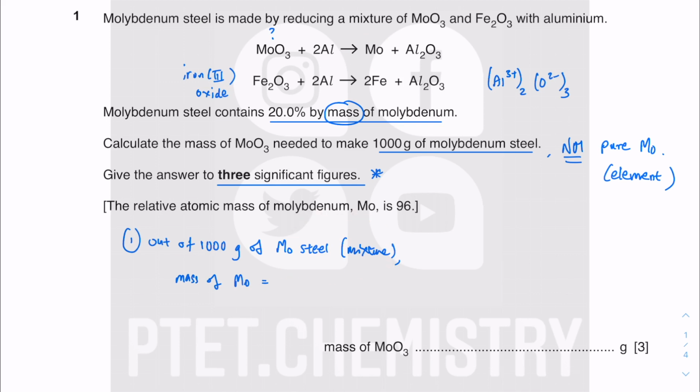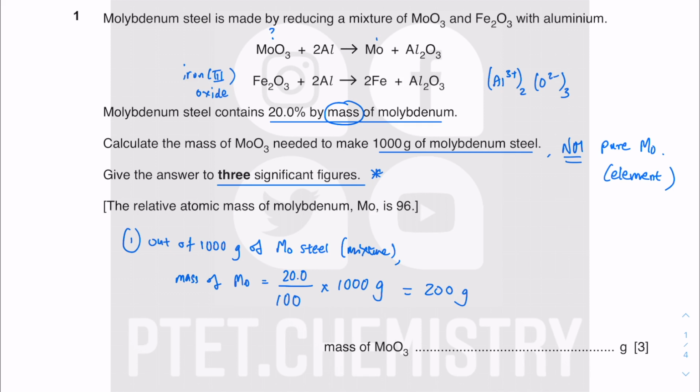Out of the steel, how much of it is actually molybdenum? So 20.0% means 20 out of 100, as a percentage, multiplied by 1000 gram. So put that into your calculator. 20 divided by 100 times 1000, that gives me 200 gram.